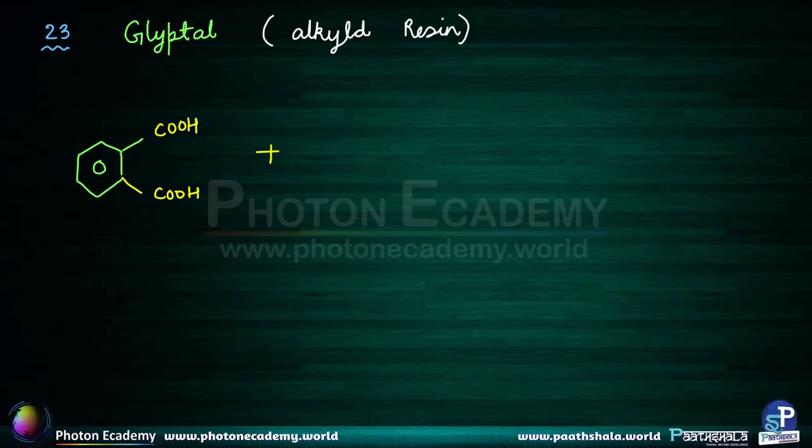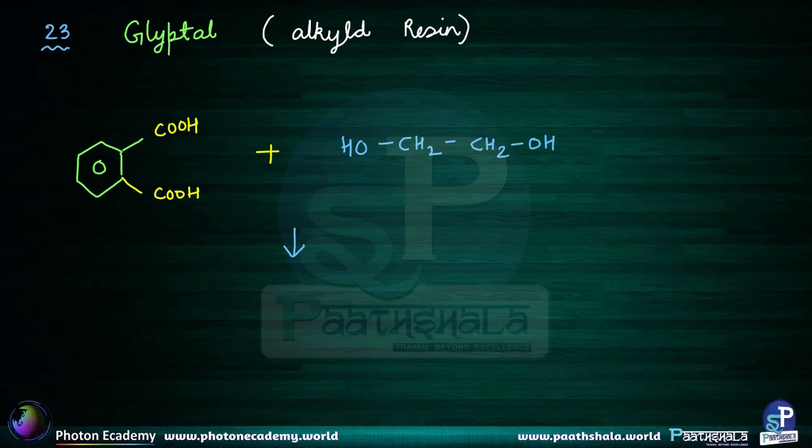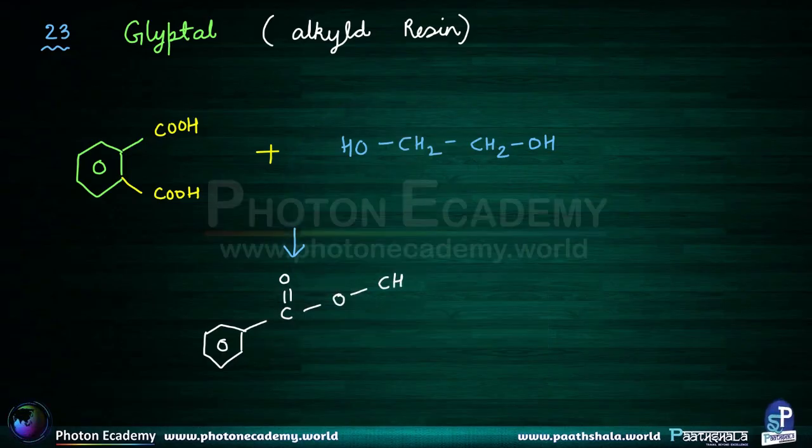Here it combines again with CH2, CH2OH, that is ethylene glycol, and on reaction we get a polyester again, and here the polyester looks like this. So we have this, and then they're losing the OH, combining with the glycol, and we get this structure.